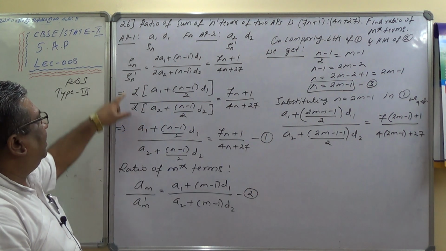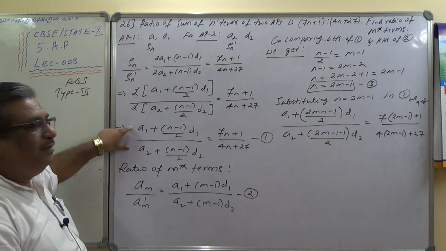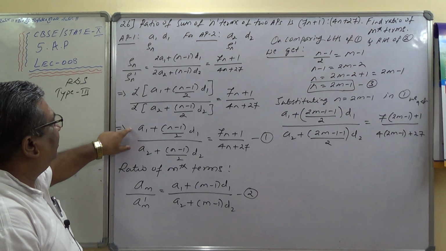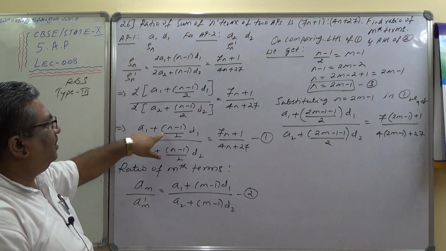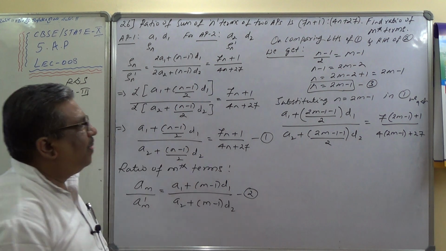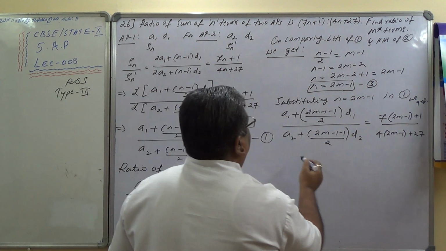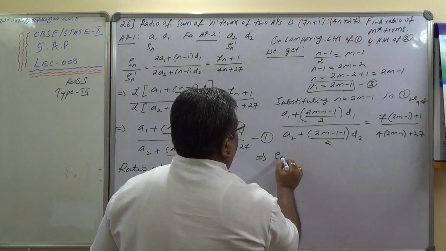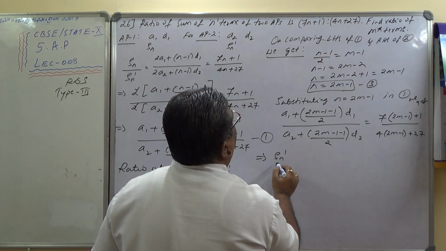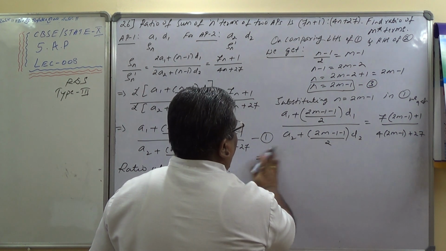What is this one actually? It is Sn by Sn dash, no? This one is nothing but Sn by Sn dash, which we have got, isn't it? Find the ratio, okay, let it be there.